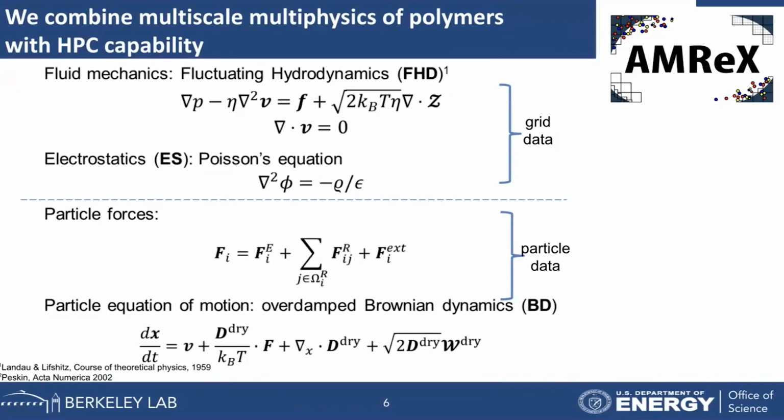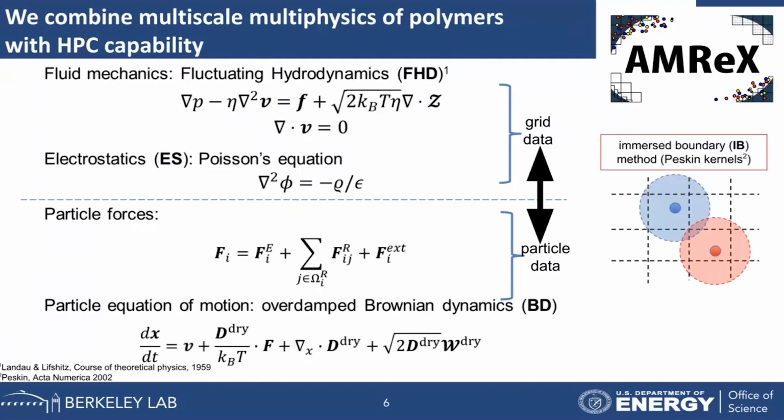So the grid data and particle data are coupled through the immersed boundary method. By choosing the immersed boundary kernels, we can determine the effective hydrodynamic radii of the particles, which allows us to employ another degree of coarse graining via wet and dry diffusion to save computational cost. The wet diffusion part is directly solved from the FHD equations, giving this V here.